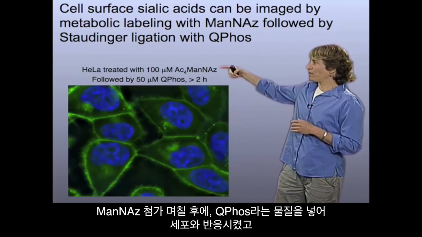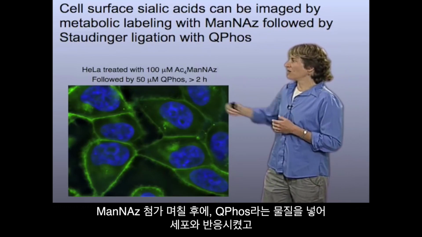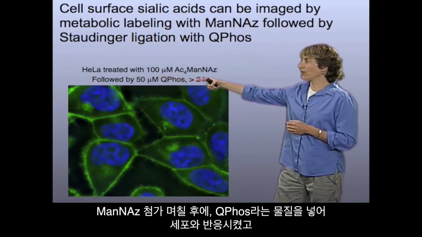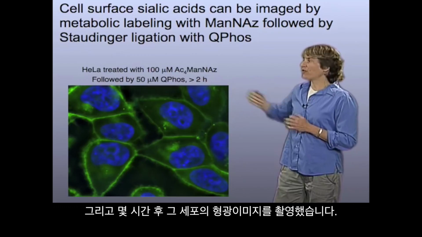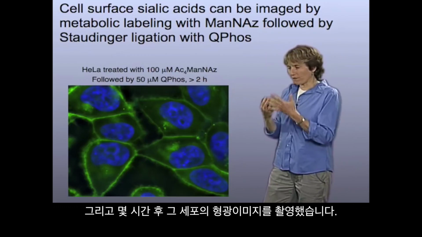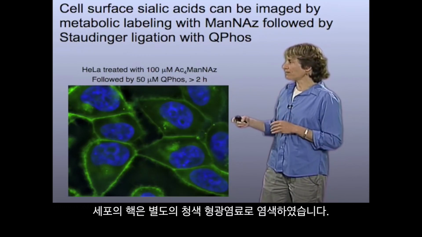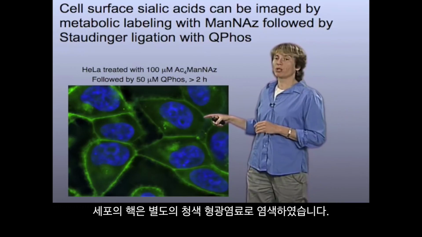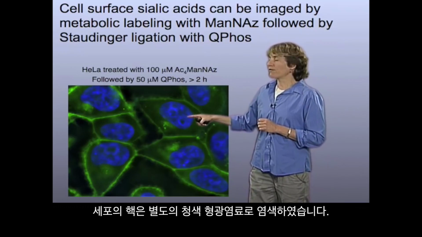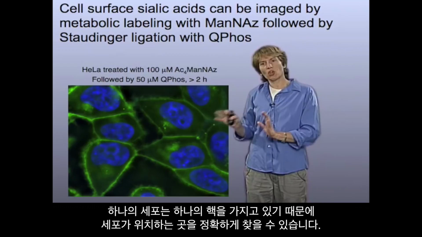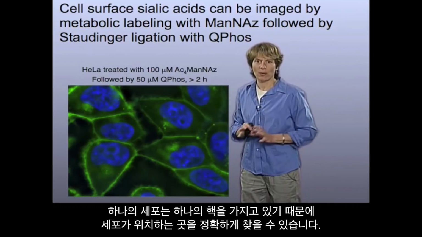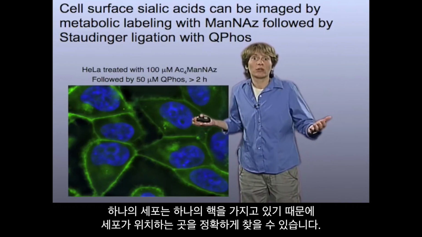Then, after a few days of treatment with ManNAz, we reacted those cells with QFOS. And then after a couple of hours, we took a fluorescence image of those cells. The cells were also stained with a blue fluorescent dye that's specific for the nucleus. That just helps you to orient exactly where the cells are positioned, since each one has one nucleus.